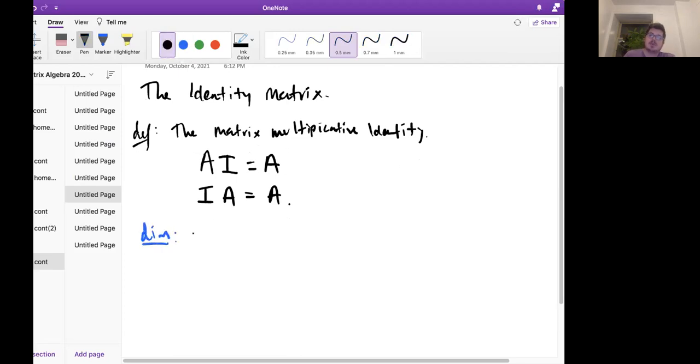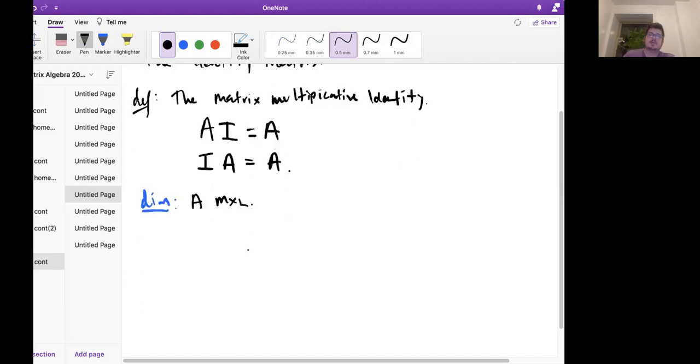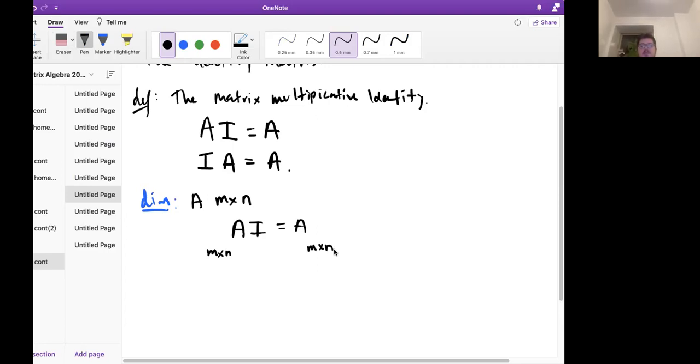All right, let's say A is m by n. So if I have A times I equal to A, and A is m by n, and the result A is m by n, well, what dimension must I be? Well, it's n by something.